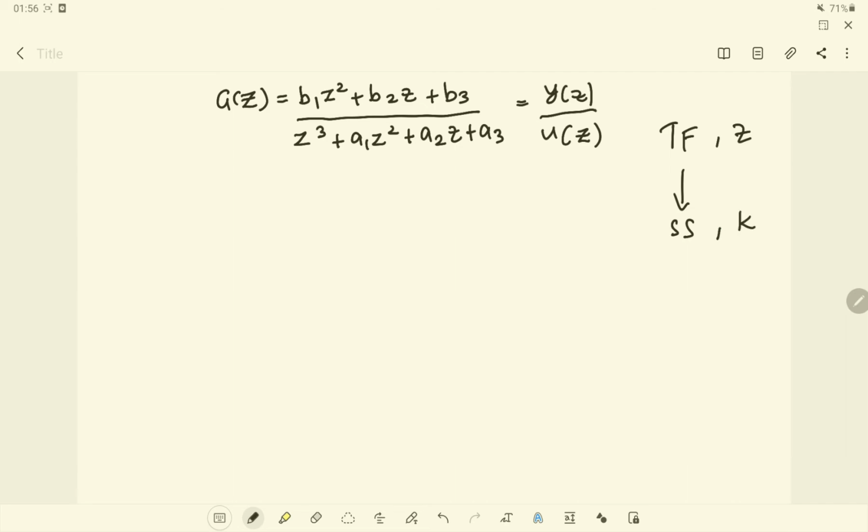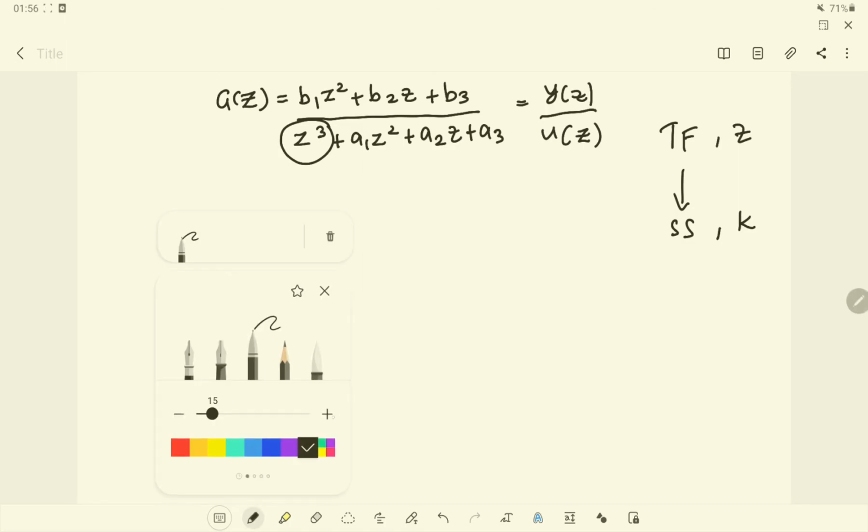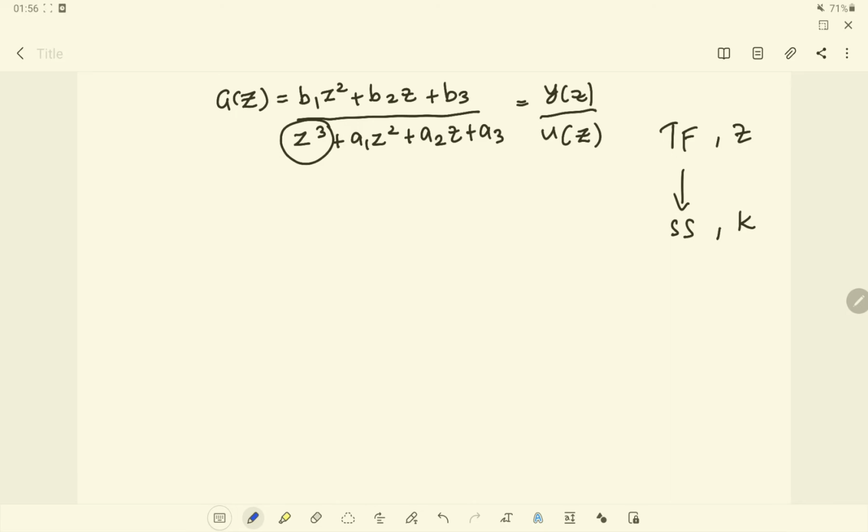How do you do it? The highest order of the denominator is a power of 3, so this is a third order system, from transfer function to state space equation.